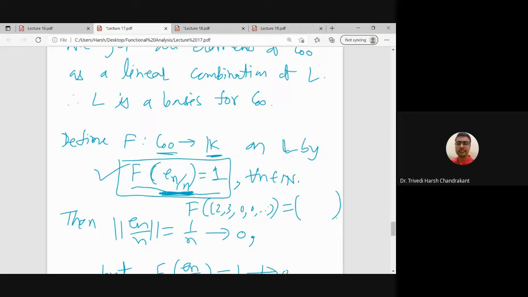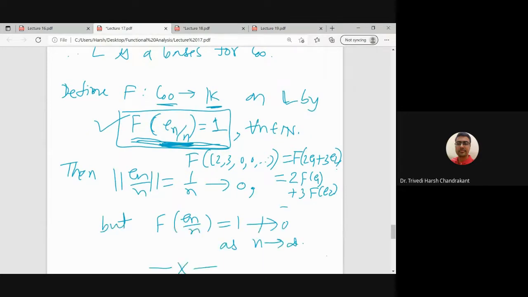So basically it is f of 2 times e1 plus 3 times e2. And then we know that f of En is n, right? Using this, 2 times f of e1 plus 3 times f of e2 is nothing but 2 times 1 plus 3 times 2. So the value is 2 plus 6, that is 8.